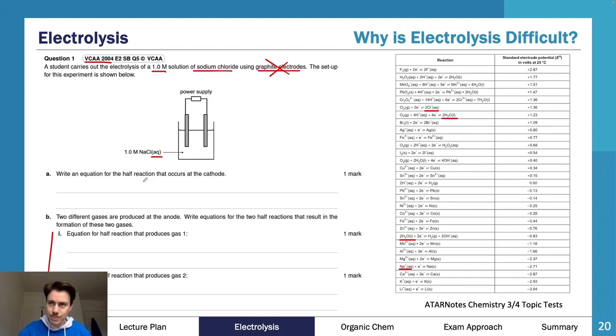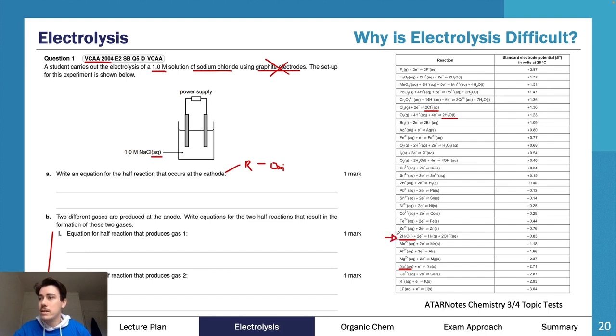We will discuss. So the cathode, remember the cathode is reduction, and therefore it is the oxidants. So reduction occurs, we need the strongest oxidant. Remember, the strongest oxidant is on the left, and lo and behold, we have water.